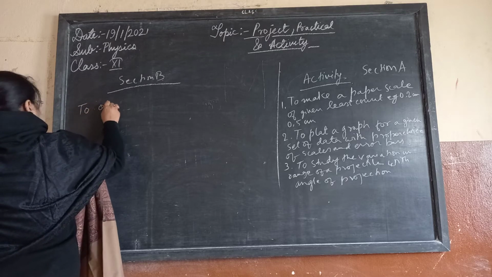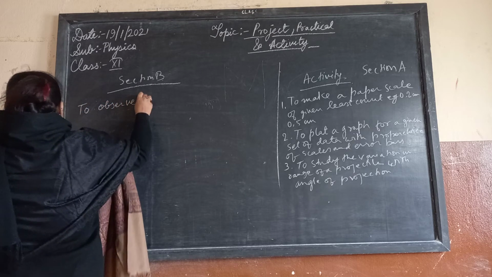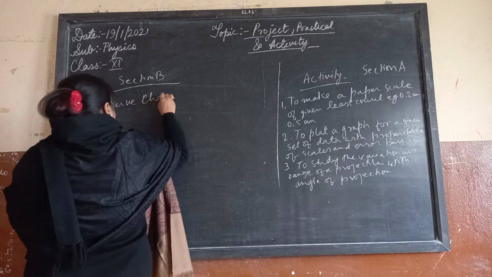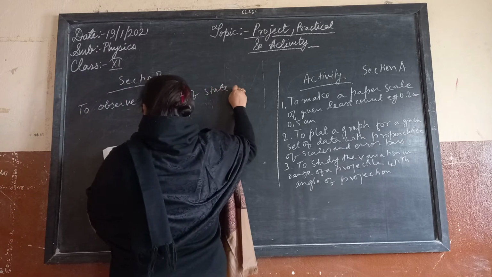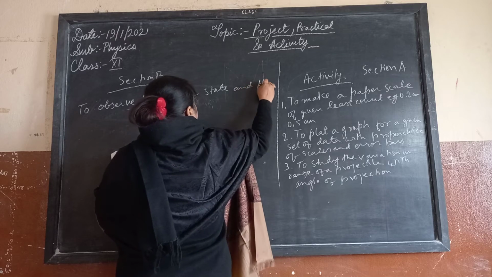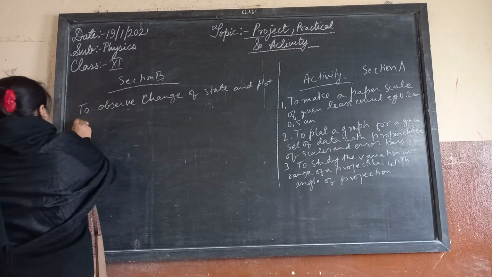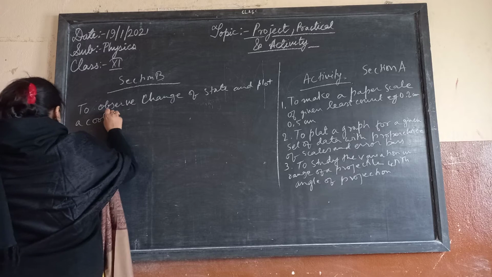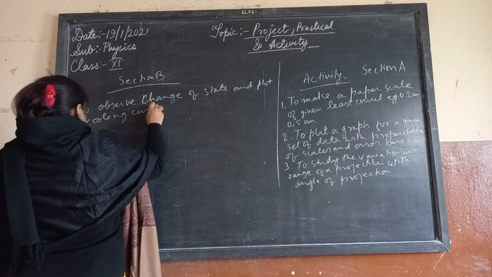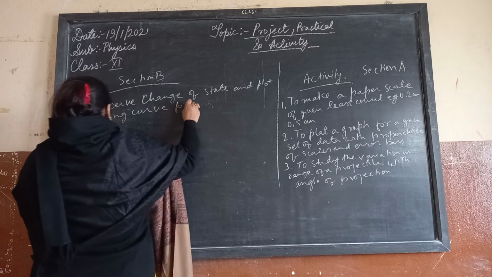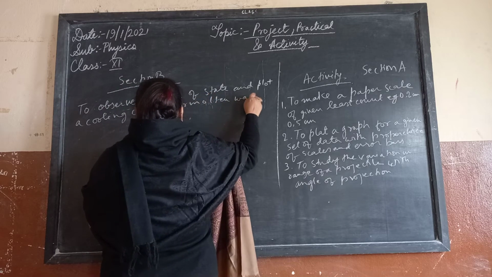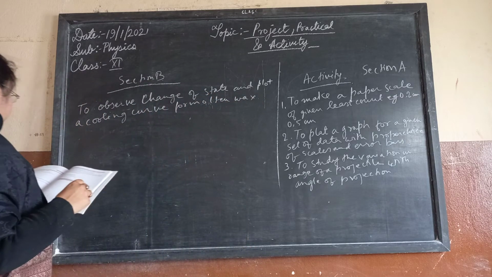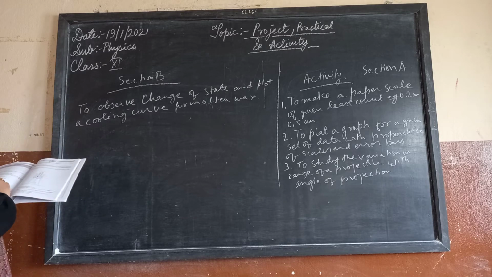In section B, activity number 1 is to observe change of state and plot a cooling curve for molten wax. This is the activity number 1 you have to take.